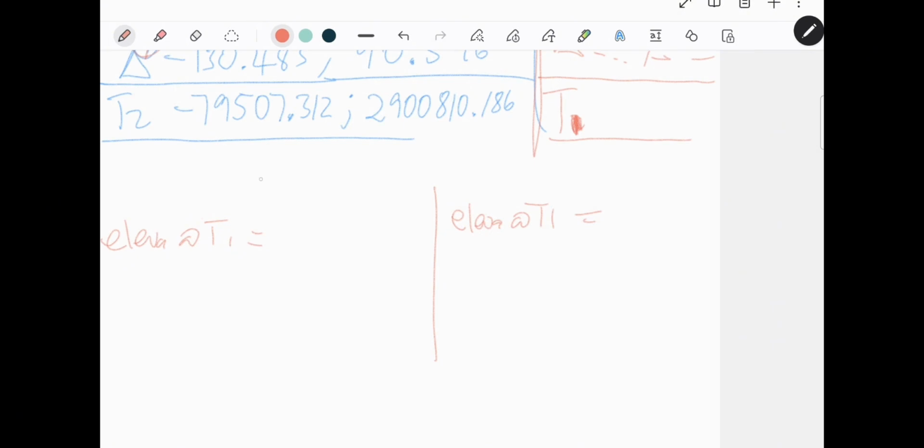So elevation at T1 was positive 1668.862. Then you're gonna have your IH or TH.